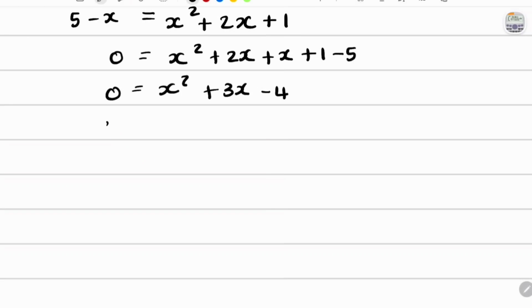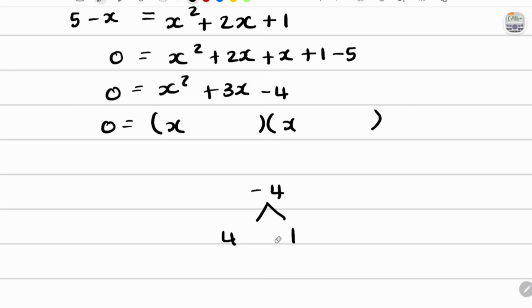Okay, so just factorize. 0 is equal to, open up 2 brackets. We have x multiplied by x to give you x squared. Factors of negative 4 that can give us 3 in the middle. Well, we can think about factors like 4 and 1. But remember, since this is a negative 4, 1 has to be positive, 1 has to be negative.